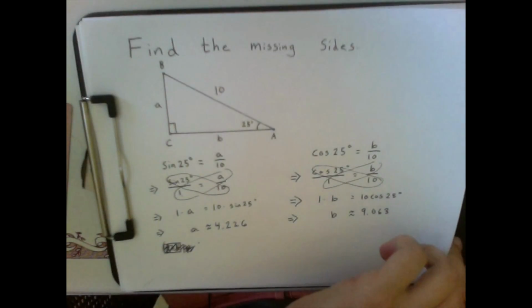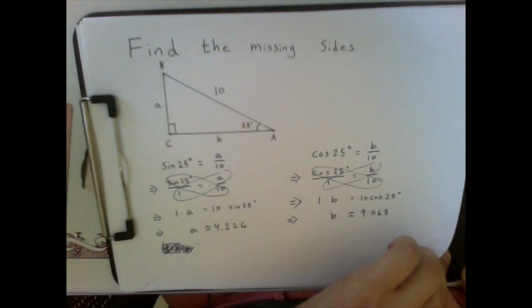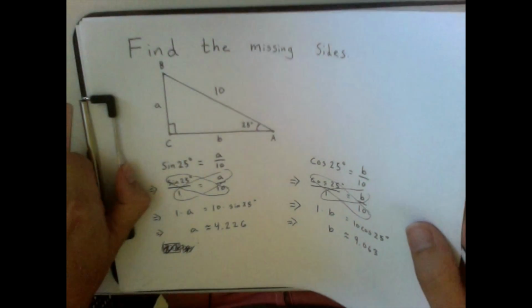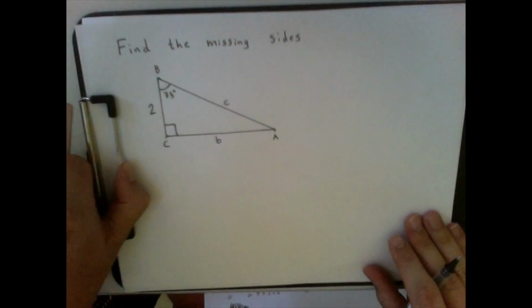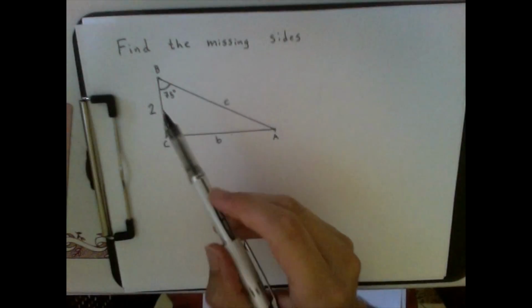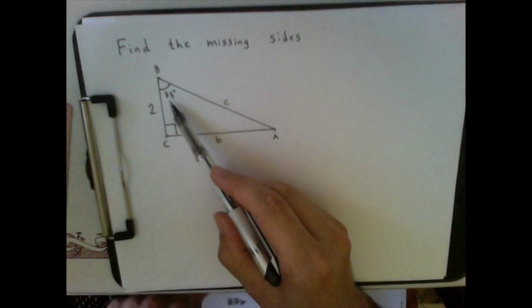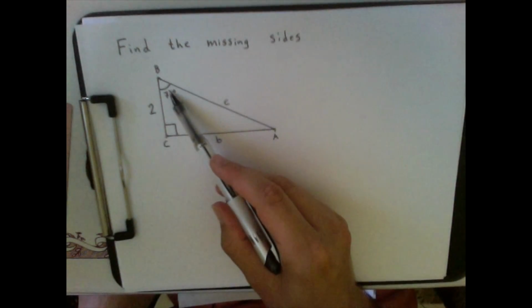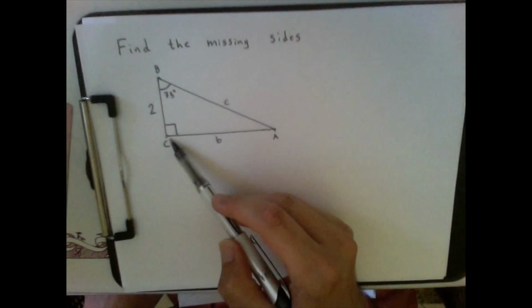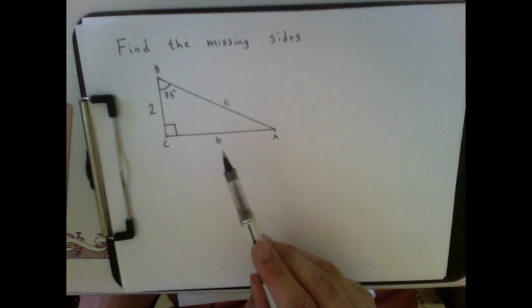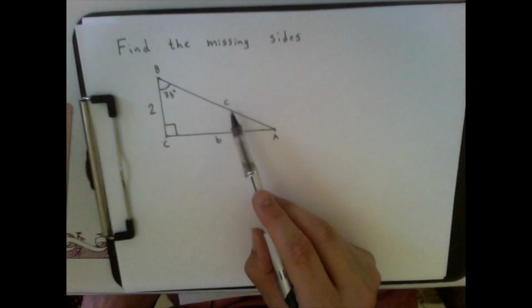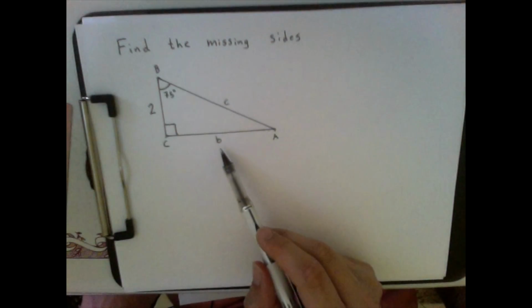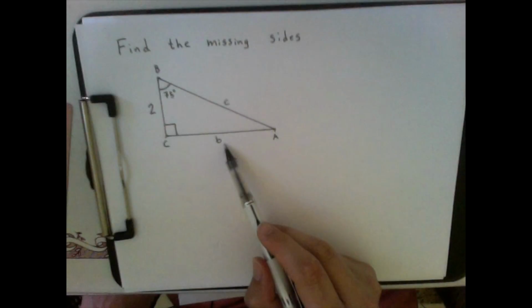Okay, let's go on to the next one. So we're given that this is 75 degrees here in this example, and adjacent to 75 degrees is this length 2. We need to find B and C. So first we ask, what do we need to find B?